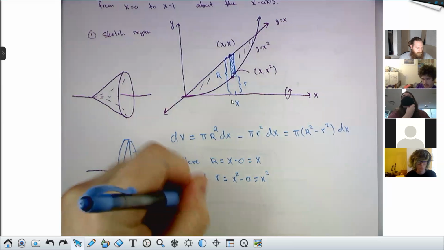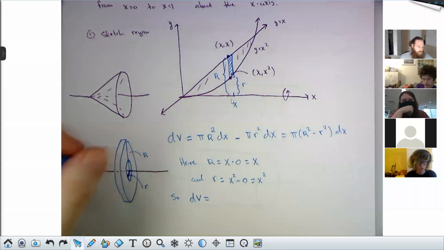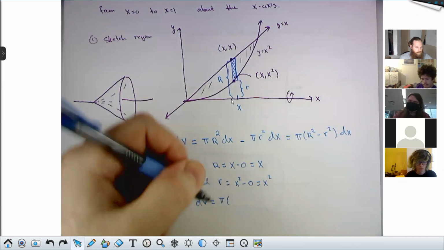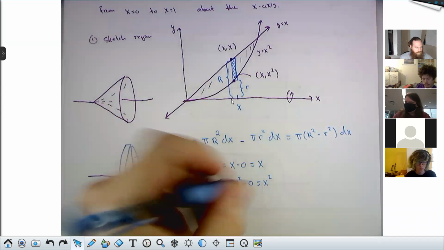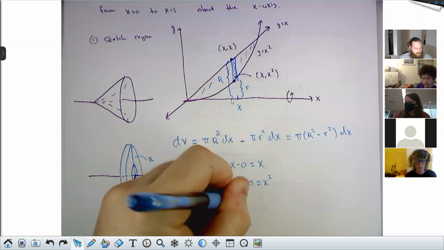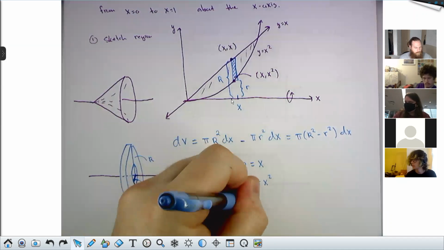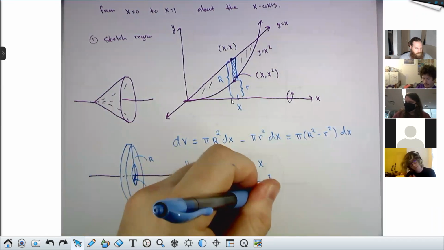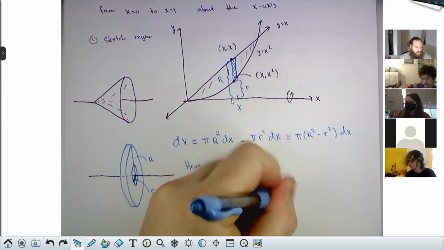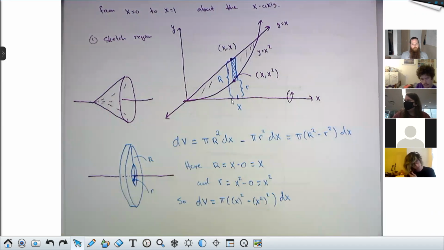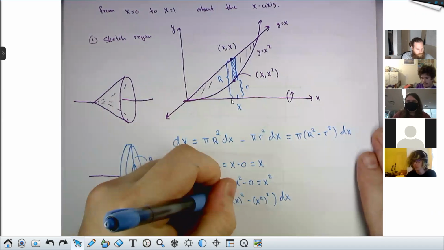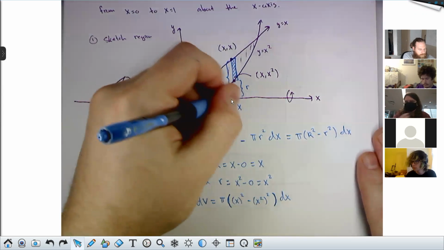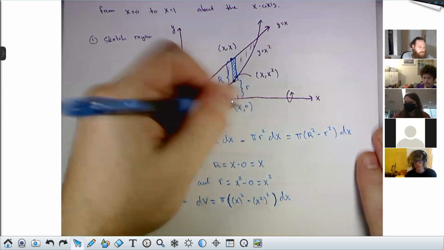So dV, the volume of this little washer here, is pi times big R squared, which is x squared, minus little r squared, which is x squared squared, times dx. Are you subtracting 0? Because the y value down here, this point is (x, 0).